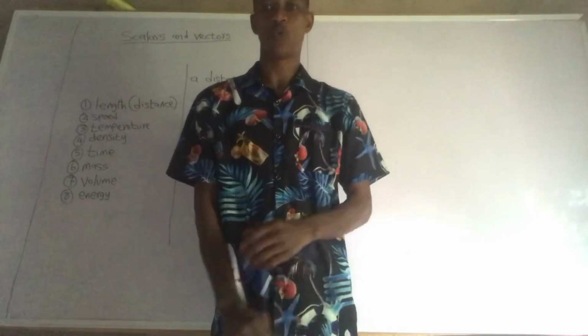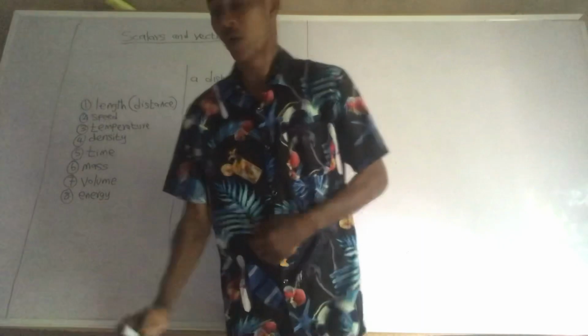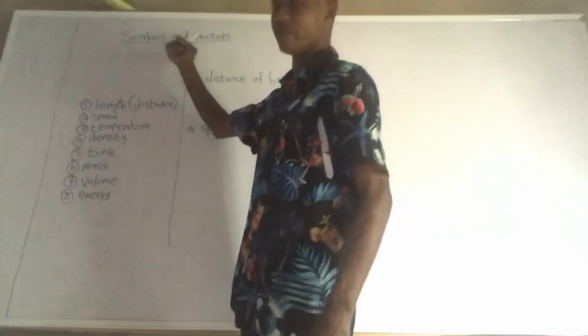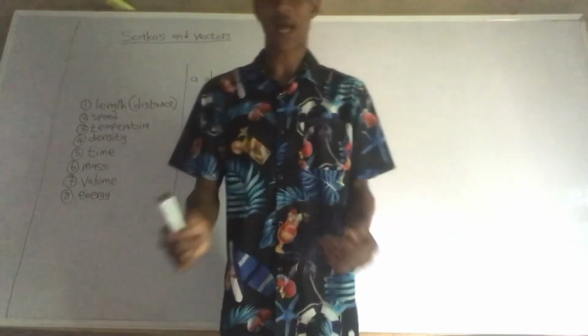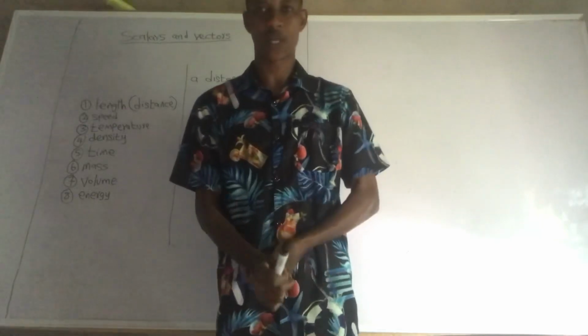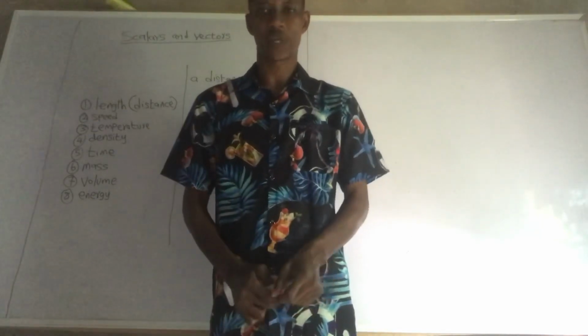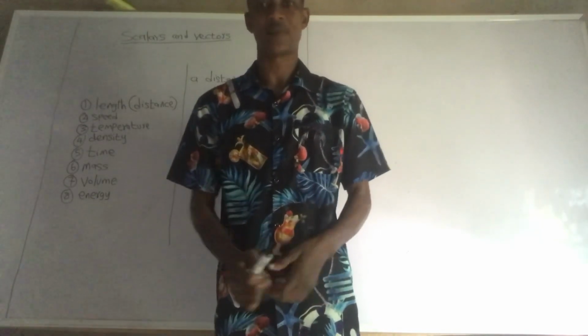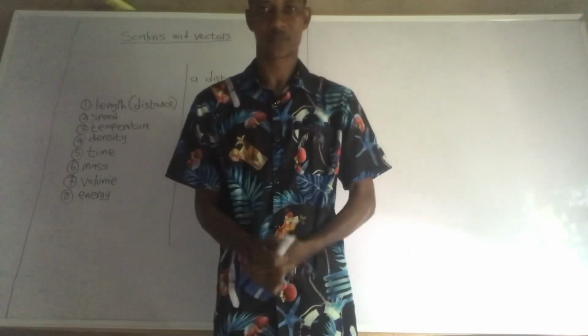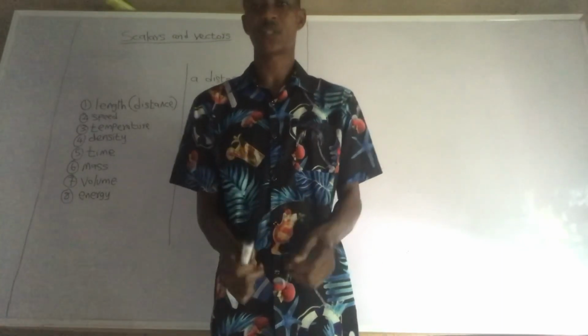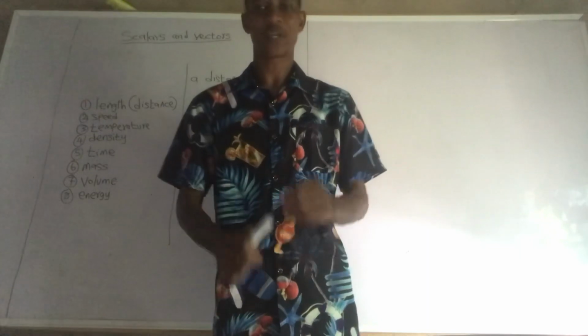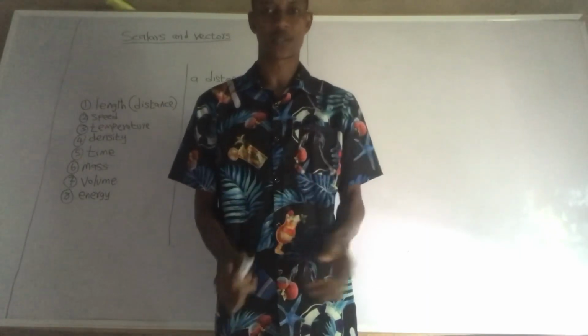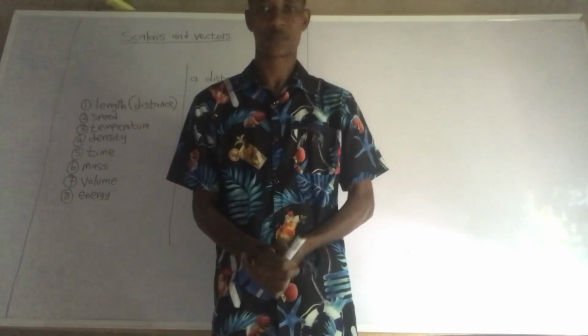Today, we'll be looking at part 1 of scalars and vectors, which has to do with the concept of scalars, the concept of vectors, and how scalars and vectors are represented. Quantities in physics can either be classified into scalars or vectors.